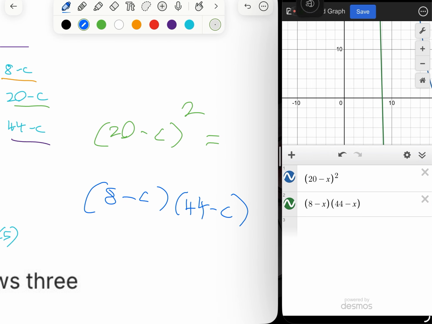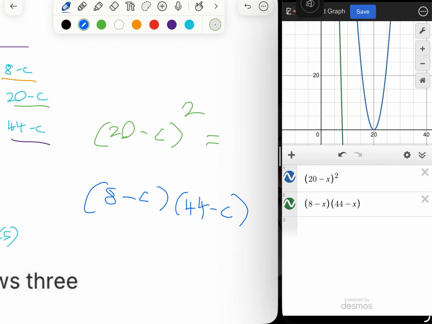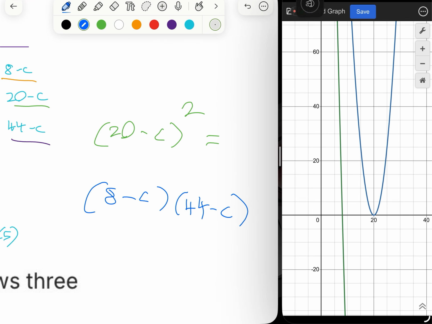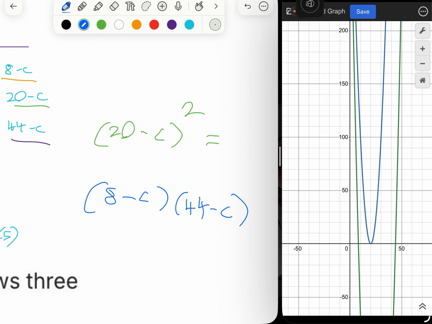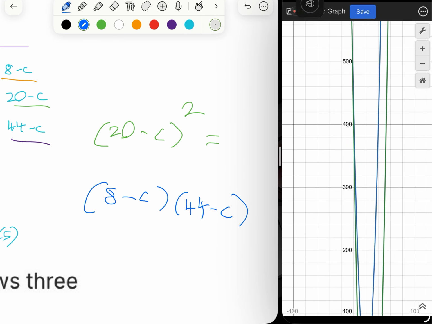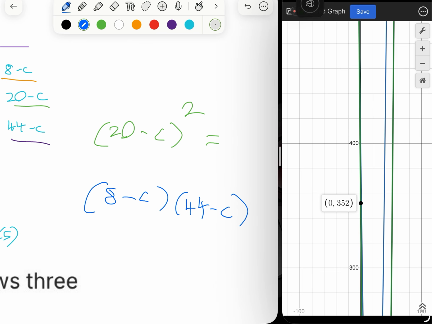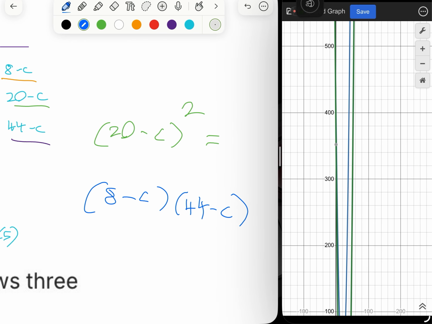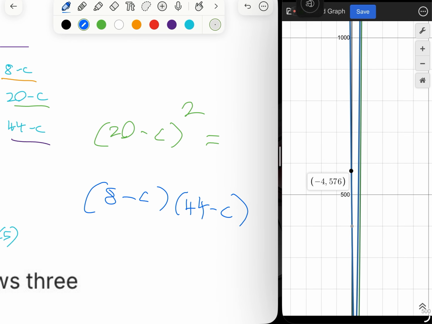Now when you put that into Desmos, your goal is to find the intersection point. If you zoom out, you'll see that they intersect at -4, comma 576.